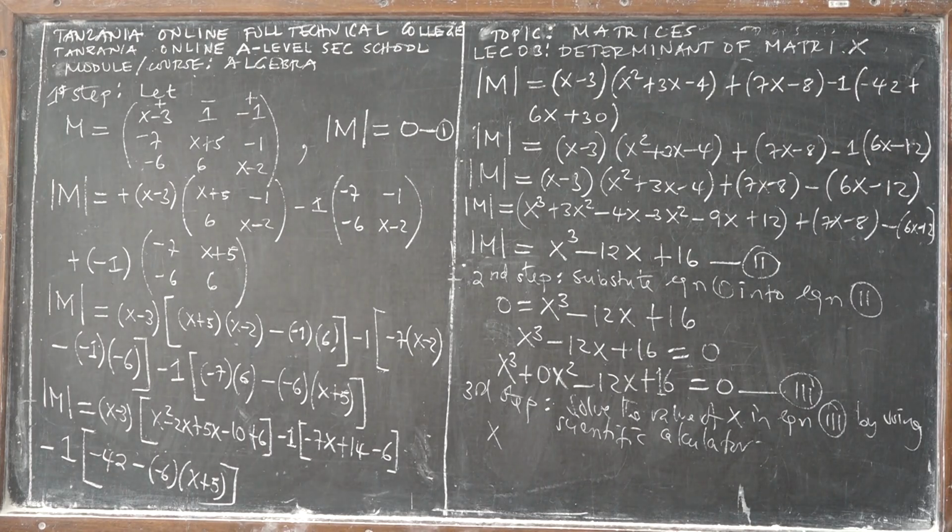You can check here. Press mode 3 times until you have equation, matrix, and vector. If you don't have a scientific calculator, sit nearby somebody who has one. We are going to solve this using the scientific calculator. Choose equation by pressing number 1.